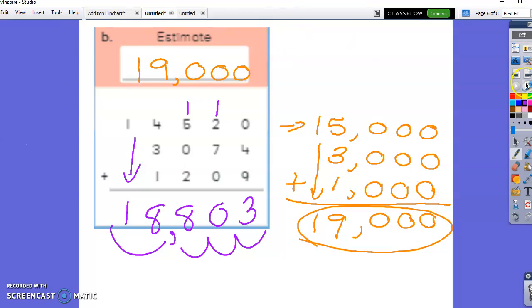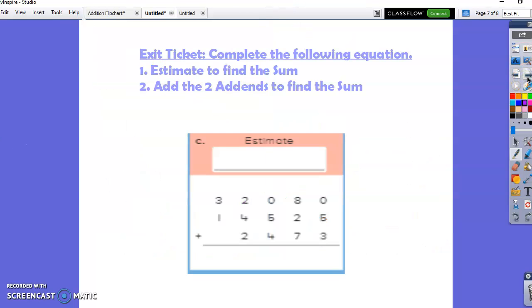And here is your exit ticket. So on your exit ticket, which will be your number 2 in your classwork on Google Classroom, you will find this problem, which says complete the following equation. First, you're going to estimate to find the sum.